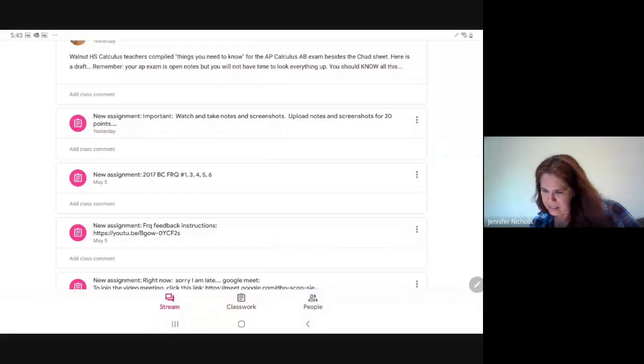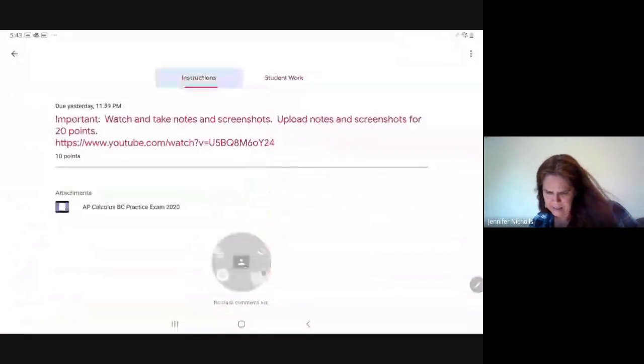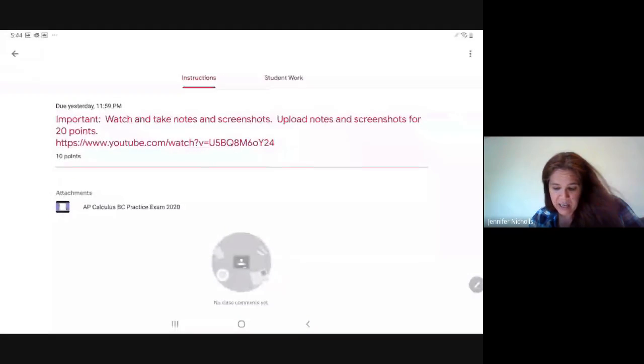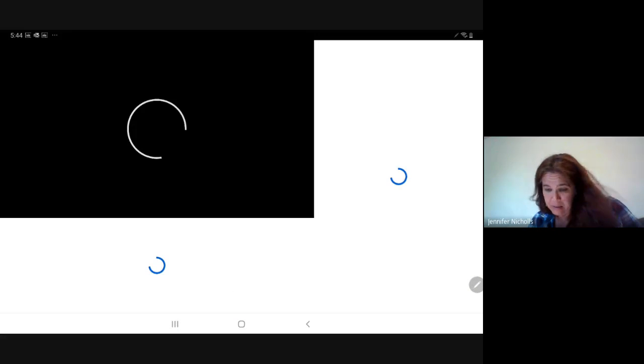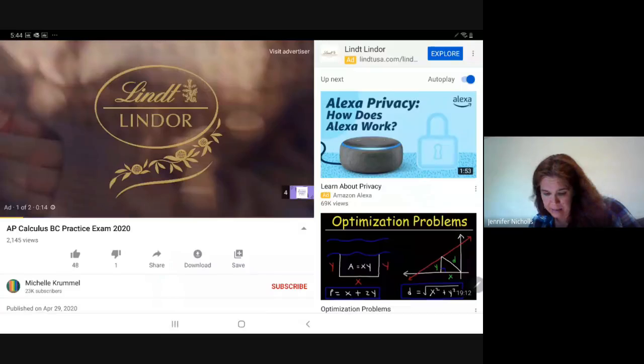Okay, so what's this? Yeah, look at what this says. It says AB Calculus BC Practice Exam 2020. Now, Landon, are you in AB or are you in BC? Okay, but let's just check. Let me click on the BC one. It says practice exam format.